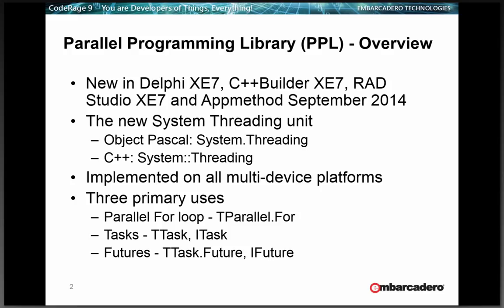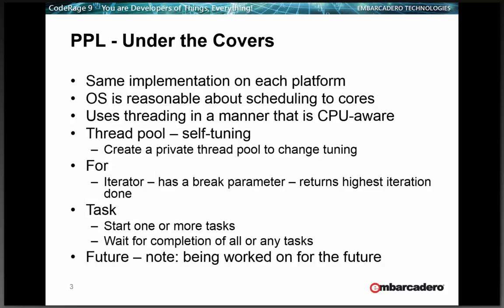Even my smartphone has 2 cores. So it's taking advantage of this world where the operating system will let you start up different tasks and will portion them out to the processor cores that it knows about. And again, it's the same implementation on each platform. So same library, same interfaces, whether you're programming for Win32, Win64, Mac OS X, iOS, and Android.